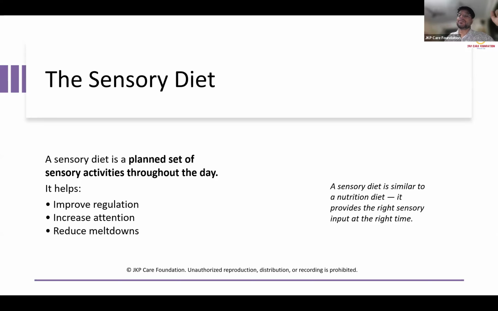That's called sensory diet. It has nothing to do with eating. Diet doesn't mean something to eat. A sensory diet is a list of activities required for the child throughout the day, which can be incorporated in the child's daily routine, and it can help in sensory integration. It improves regulation, increases attention, and reduces meltdowns.